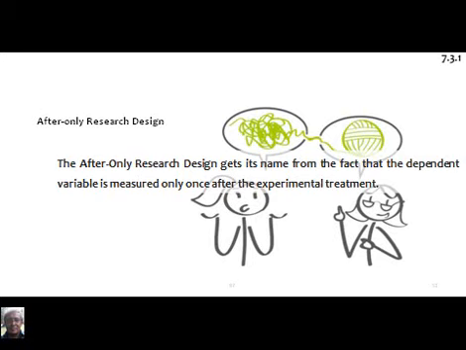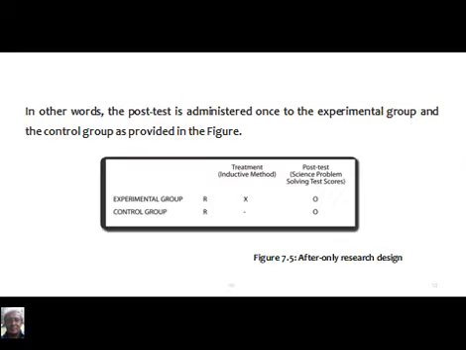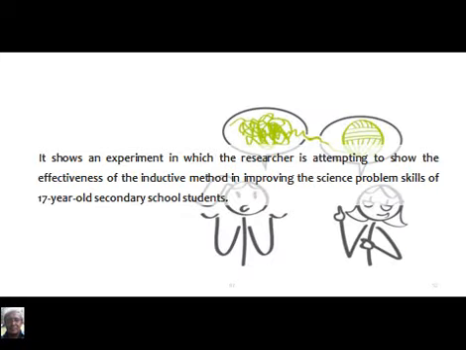In other words, the post-test is administered once to the experimental group and the control group. The figure shows an experiment in which the researcher is attempting to show the effectiveness of the inductive method in improving the science problem skills of 17-year-old secondary school students.